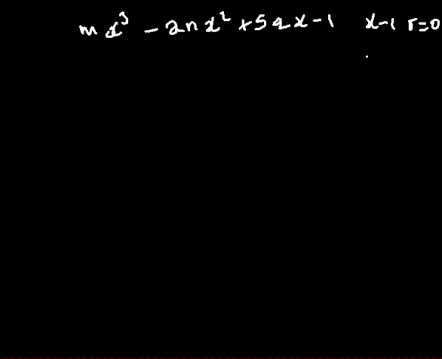When it is being divided by x plus 2, the remainder is given as 1. And when it is being divided by x plus 3, the remainder is given as 6. What is the value of m, n and q?